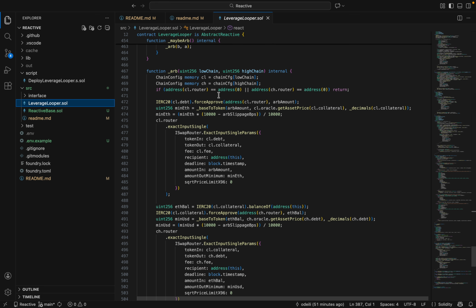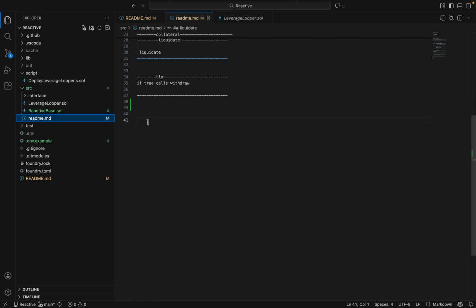So let's say USDC and Ethereum. On mainnet we have ETH, and we have wrapped ETH on ZK Sync.